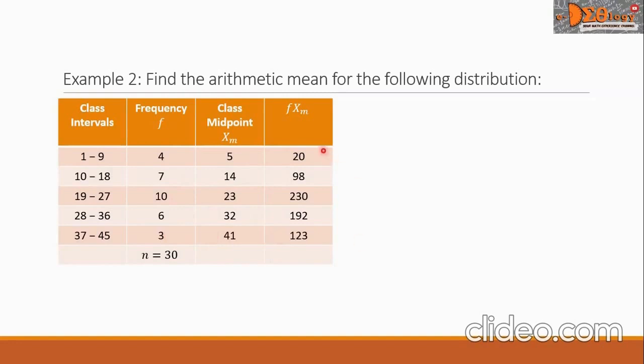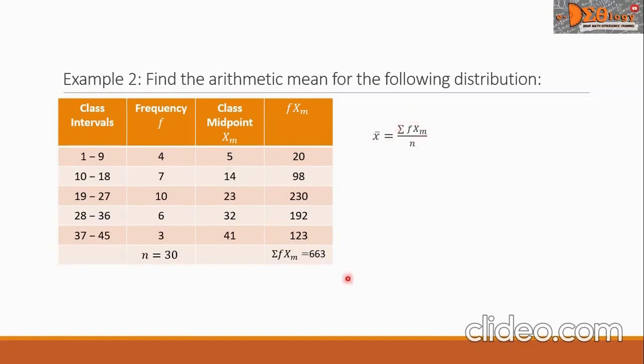Then, let us take the summation and we will put the answer at the bottom. So we have the summation of f times x sub m equals 663. Now let us use our formula for the mean. X bar equals the summation of f x sub m all over n.